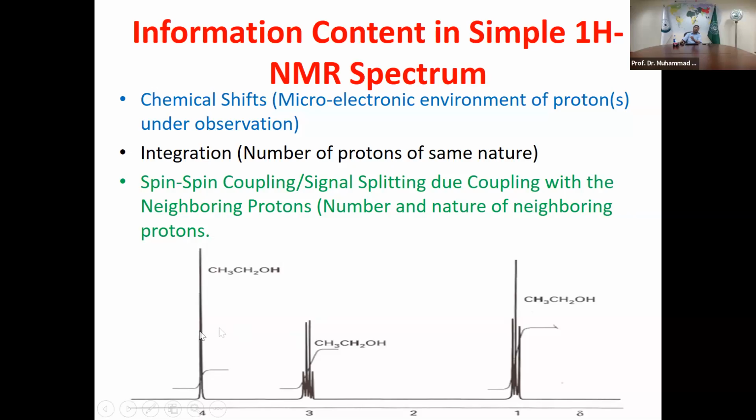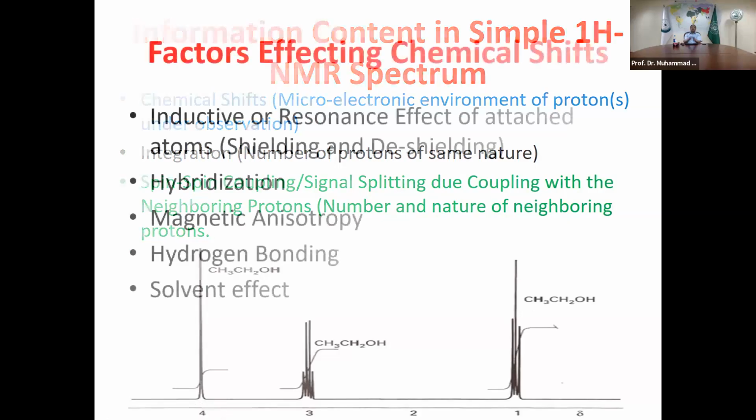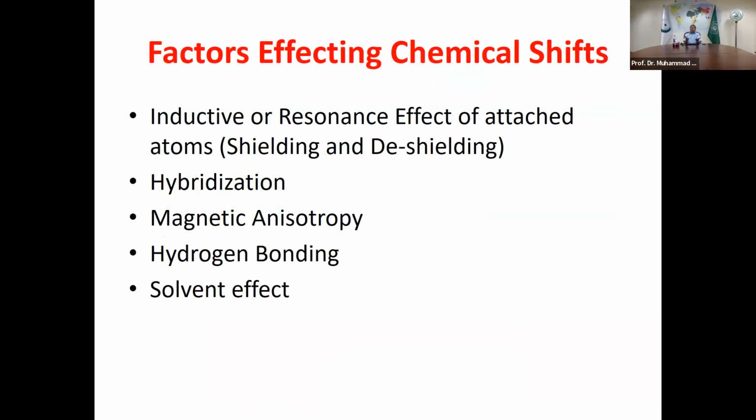And then, of course, OH, which is supposed to be split as a triplet, but OH is exchangeable, so this appears as a broad singlet. These are the pieces of information you get even from the simplest proton NMR spectrum. Now, chemical shifts depend on the inductive effect or resonance effect of attached groups.